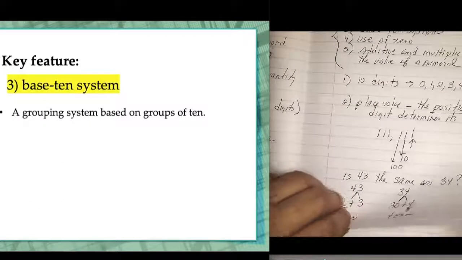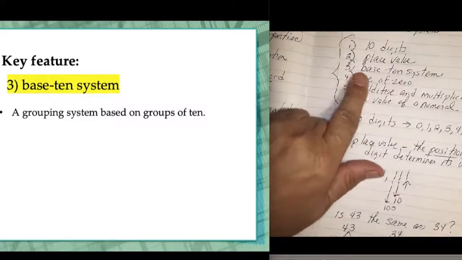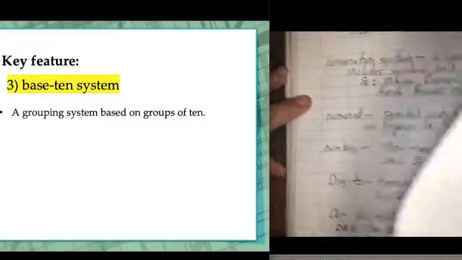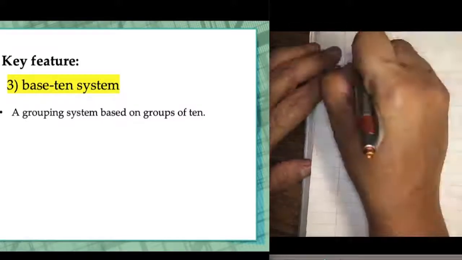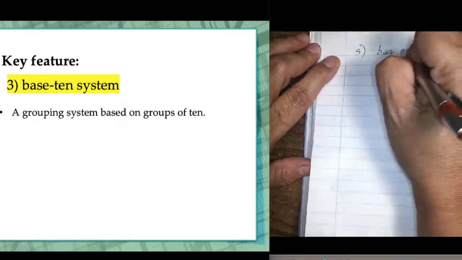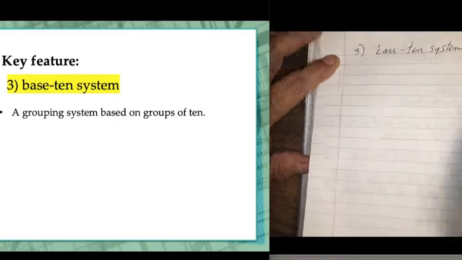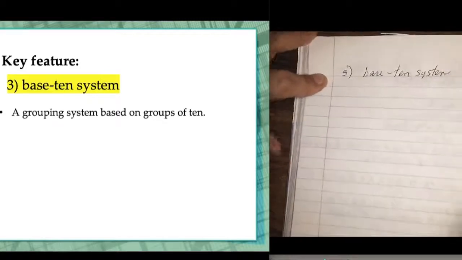Okay, so the next property that we were looking at, our next key feature, was the base 10 system. So our numeration system uses the base 10 system, which we said groups our objects into groups of 10.